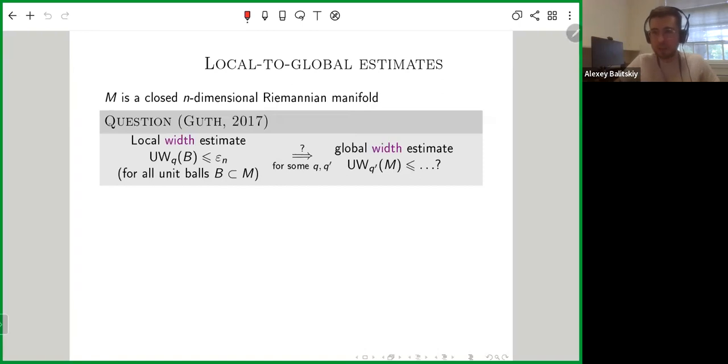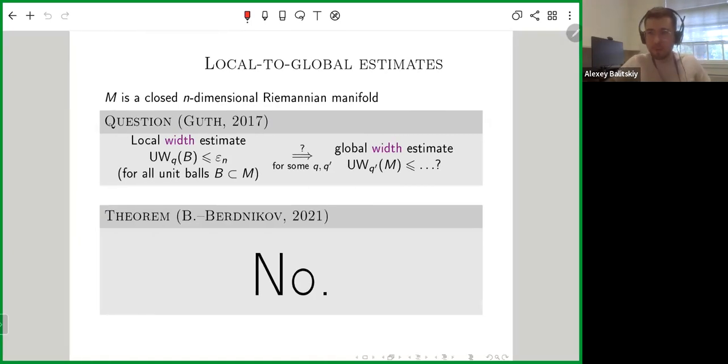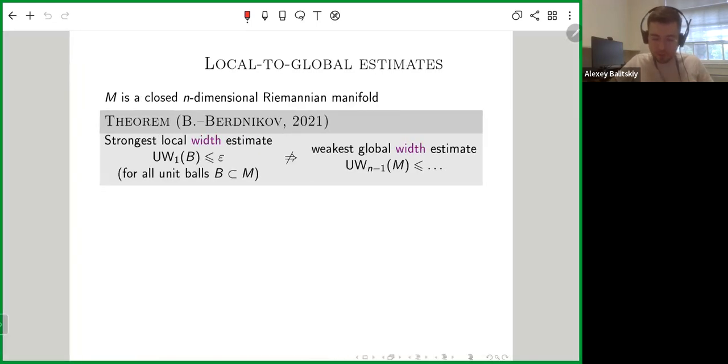Let me get back to the locality of approximate dimension. If all of my unit balls are approximately Q-dimensional, does it imply anything about the approximate dimension of the entire manifold? The answer is no. It's a huge no. Why? Because there is freedom in the choice of those parameters Q and Q prime, and it turns out that the strongest possible assumption with the lowest dimension does not imply the weakest possible conclusion, which is with codimension 1.